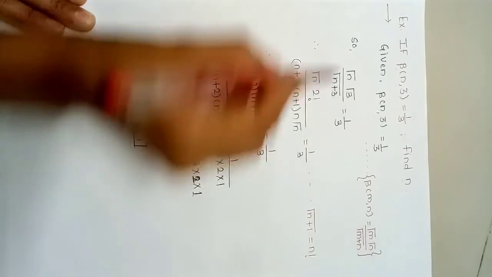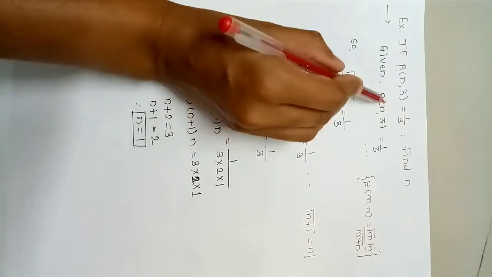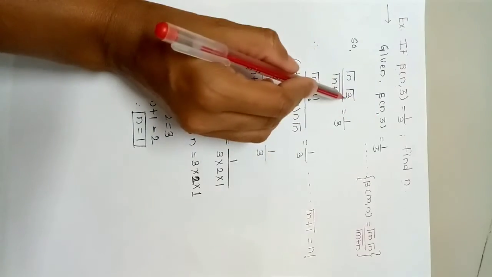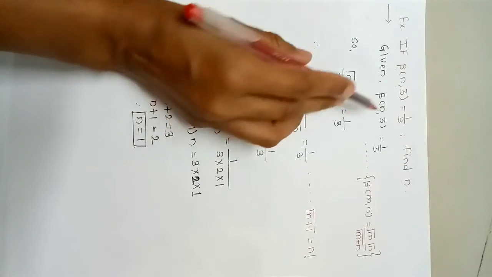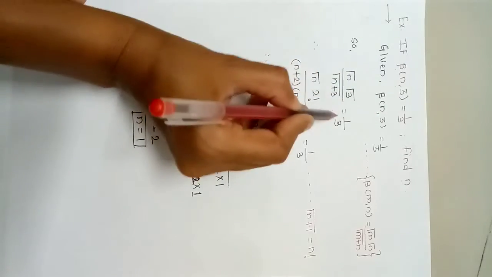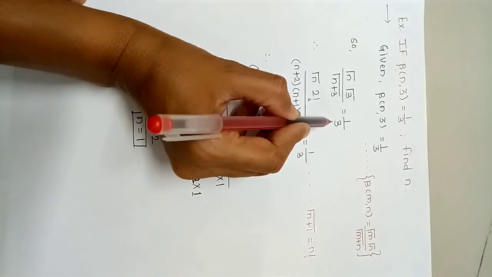So here we will write gamma function of n into gamma function of 3 upon gamma function of n plus 3 is equal to 1 by 3. Okay.